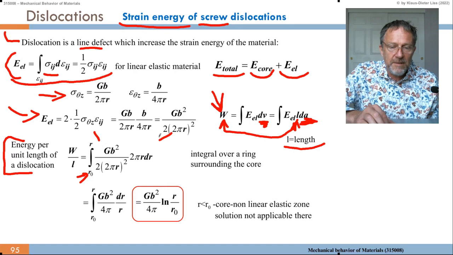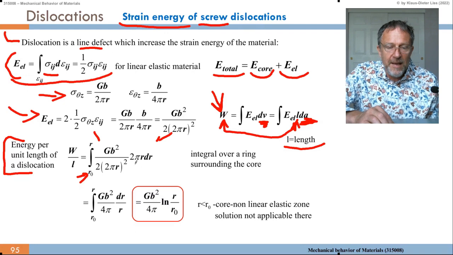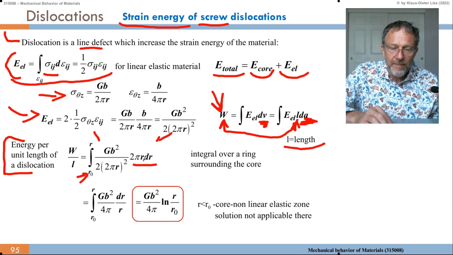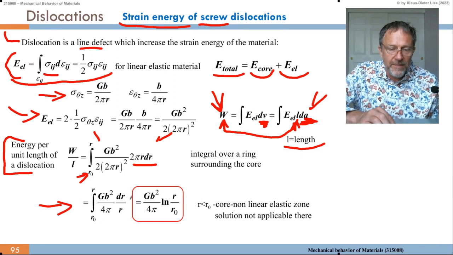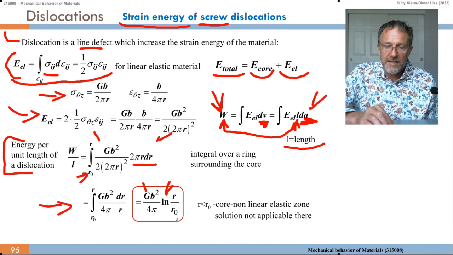And that then becomes, with all this, Gb squared over 2 pi, 2 pi r squared, 2 pi r dr. 2 pi r is the area, we have the dA here. And that becomes finally this formula. So we can integrate the 1 over r, giving a logarithmic function: Gb squared over 4 pi times ln R over r0.